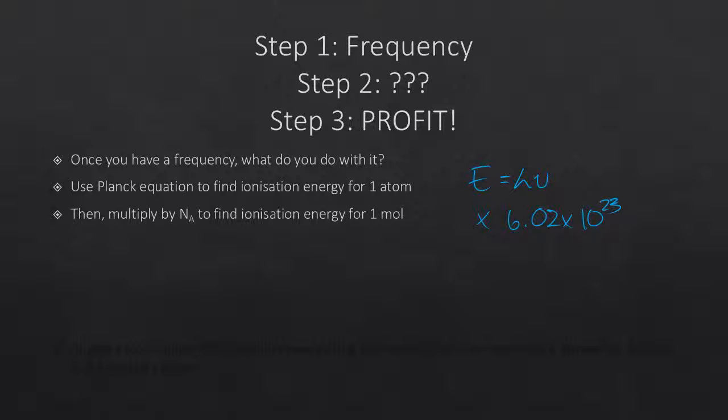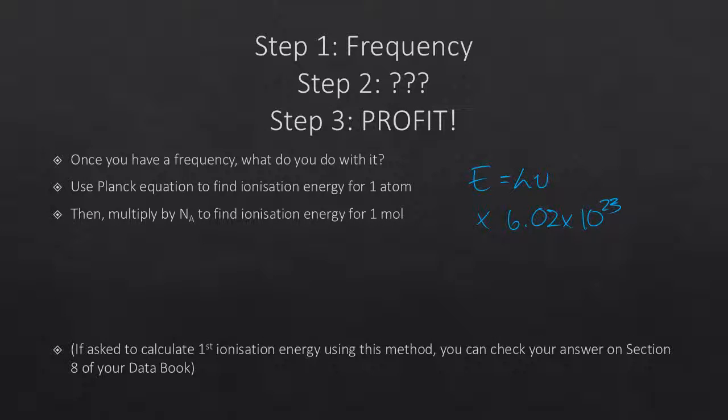Now, the bonus of doing it this way is if you are asked to figure out the ionisation energy for 1 mole of atoms, given a frequency, you go through these steps and your answer can be checked using section 8 of your data book.